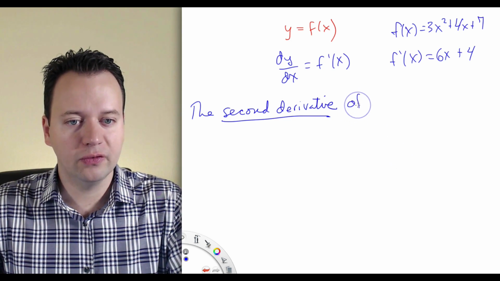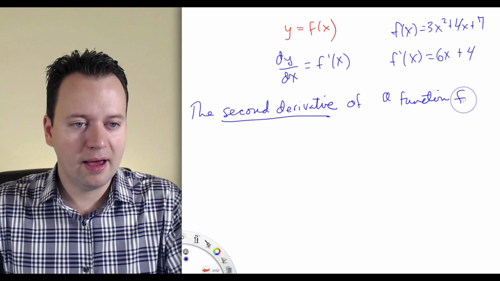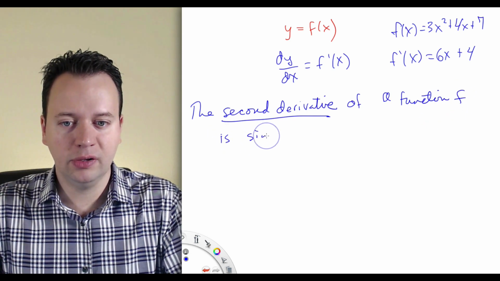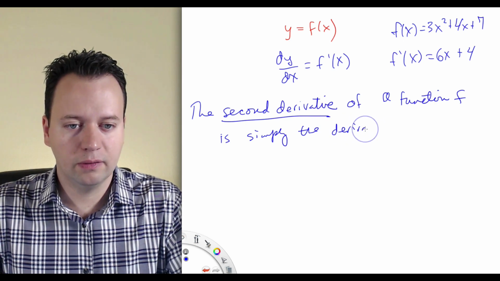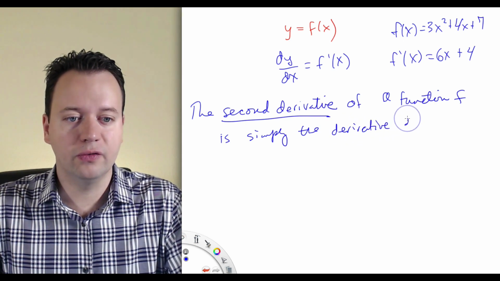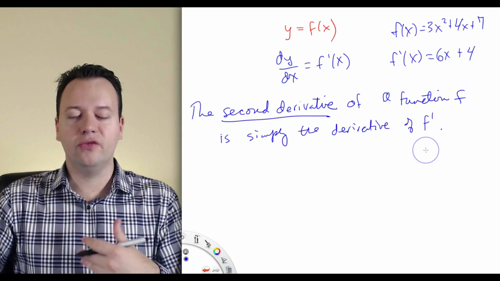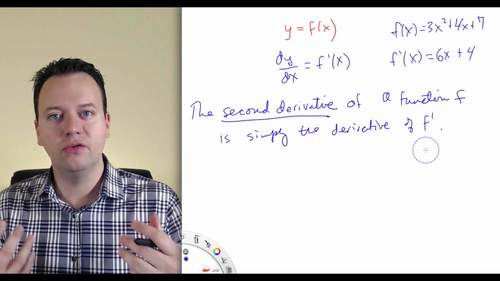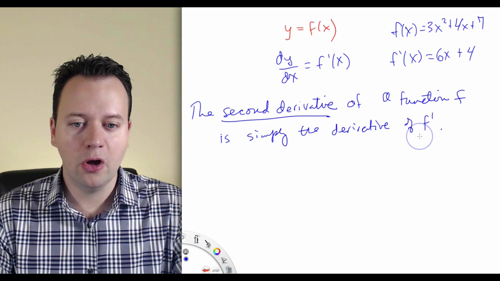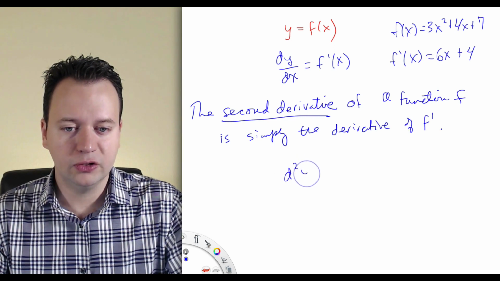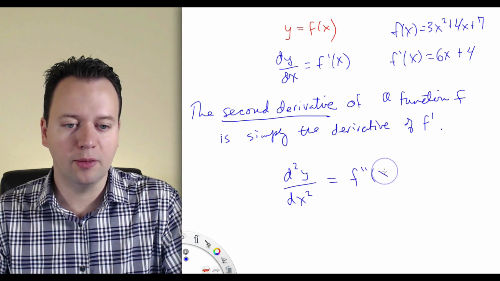So the second derivative of a function f is simply the derivative, or the first derivative, of f prime. And to denote this, we say d squared y over dx squared, or f double prime of x.